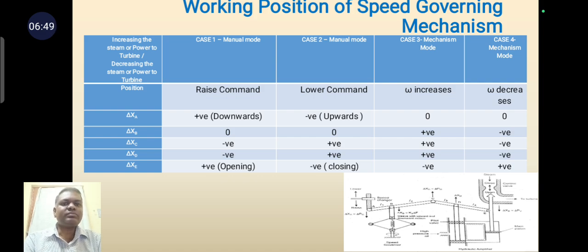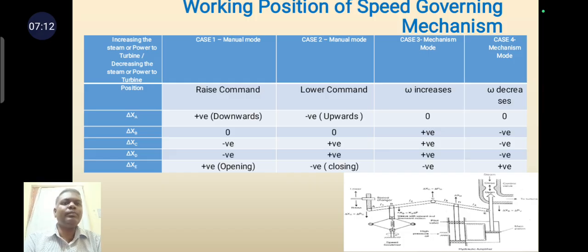Here, if the speed increases, xb increases, which means point B comes to the downward position. Similarly, if point B comes downward, points C and D also come to the downward position. Based upon that, point E goes to the upward position.